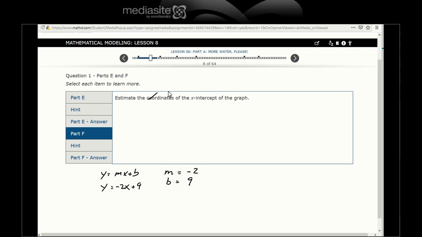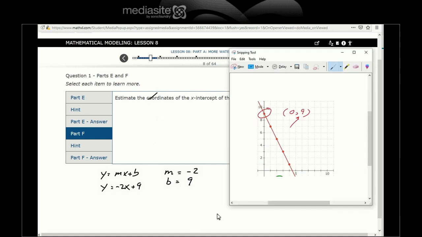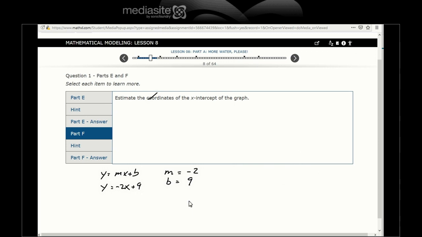Okay, estimate the coordinate of the x-intercept. Okay, now we're going to estimate it, which means pick it off the graph. So, the x-intercept is when we cross the x-axis, so that's that point there. And it's about 4.50.